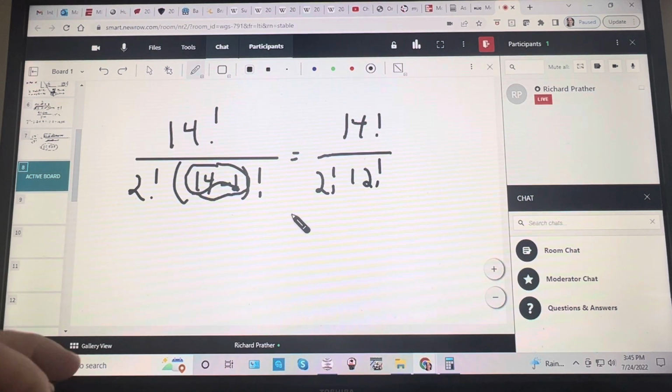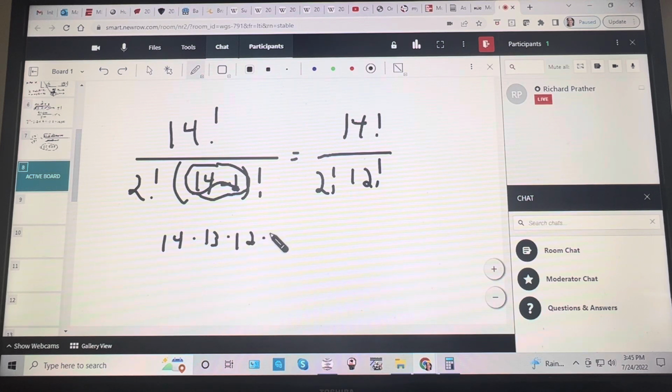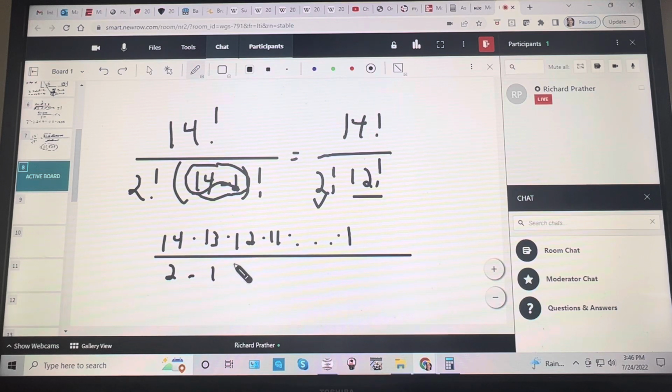And now you can do what we did on that previous problem. 14 factorial, you don't need to do the whole thing. Just get the pattern going and put dots down to 1. The 2 factorial is just 2 times 1. And then you have 12 factorial, which if you notice, matches the top.